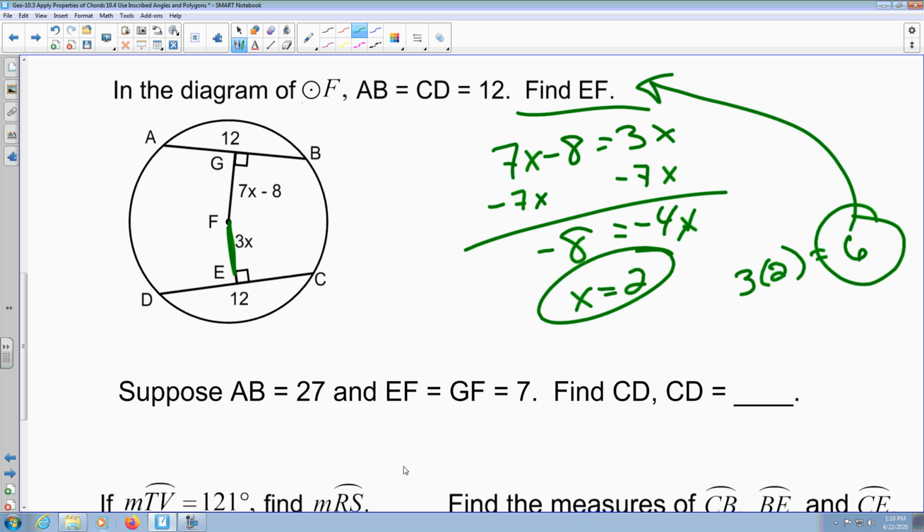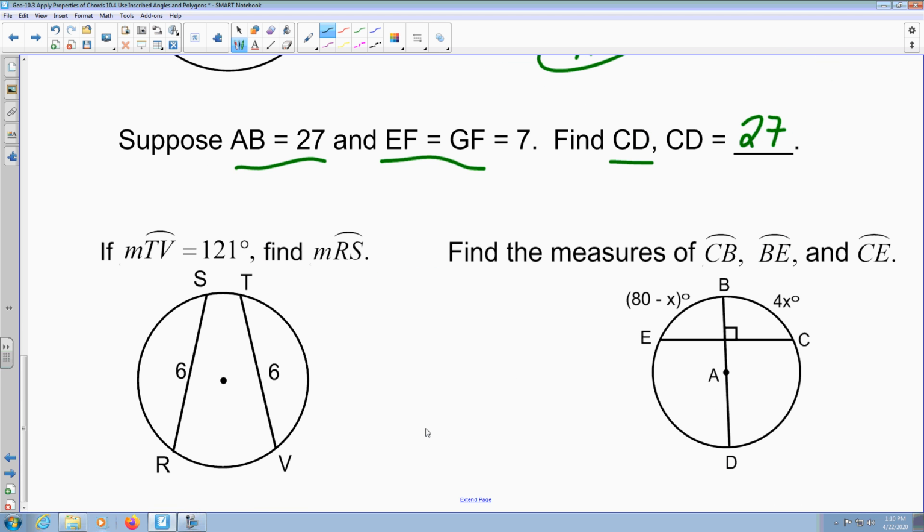They said find CD. Well, if they're saying that these two are equal, which means that they're telling you that those two chords are equidistant to the center, that means that AB and CD are still going to be the same value, and that same value is 27.